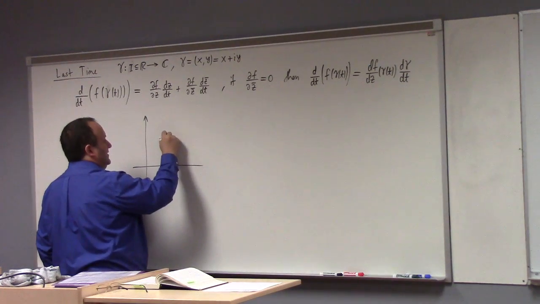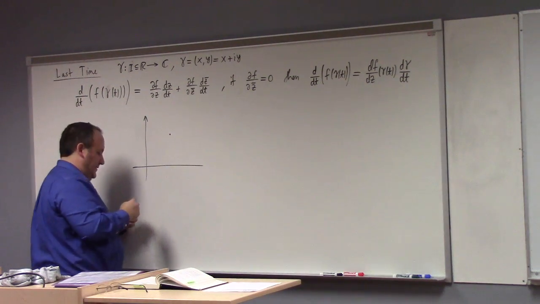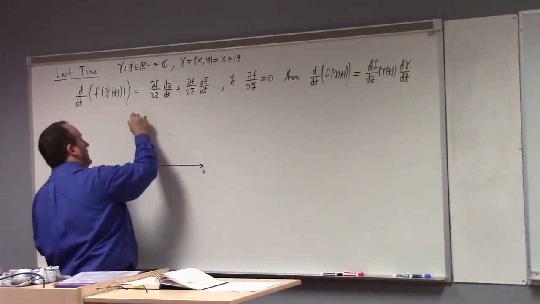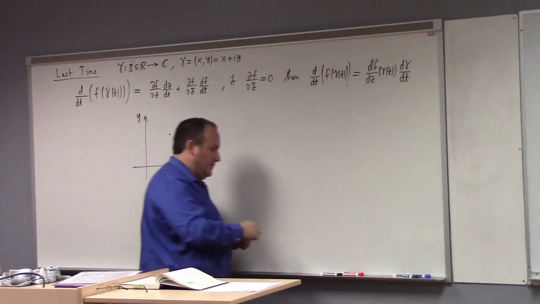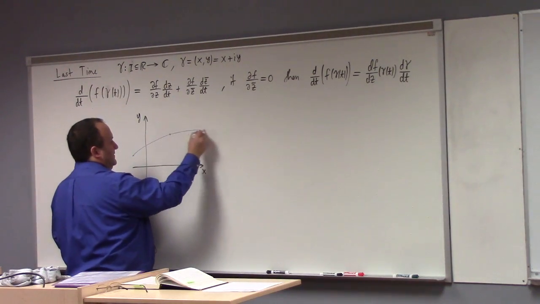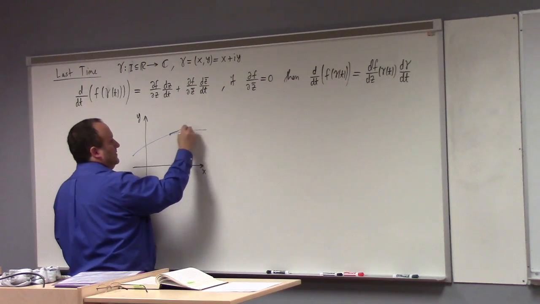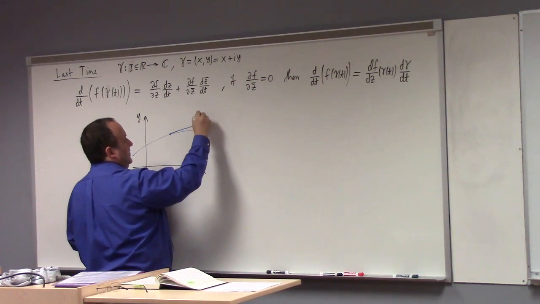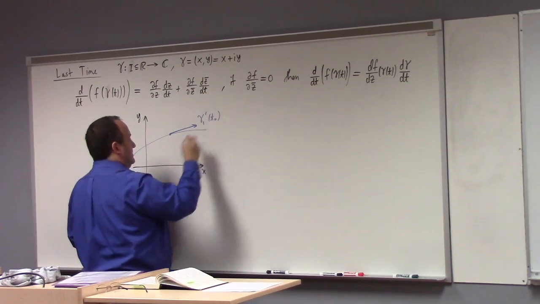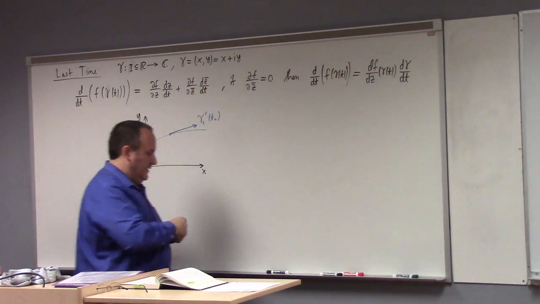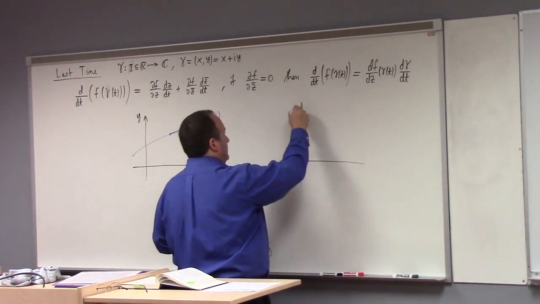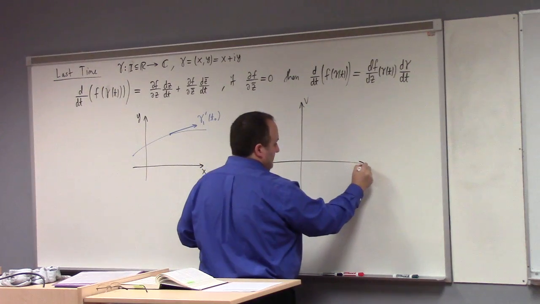And so my point in all this is, if I have a point in the z-plane and I have two curves, maybe one like this. Here we've got gamma 1 prime of, let's say, t naught, and then that maps under some complex function over here to the w plane.